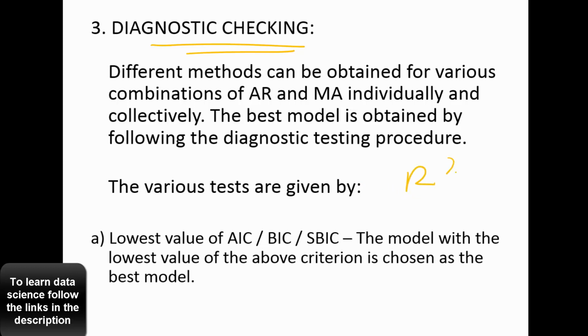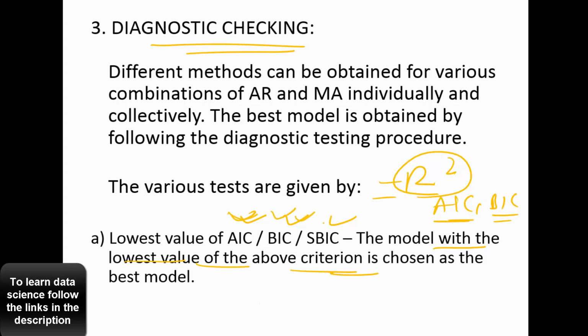Pretty much like you see R square, AIC, BIC in regression, right? You don't have R square here, but you have AIC, BIC, SBIC. So the model with the lowest value of the above criteria is the best model. Many times the software randomly picks a number of models and tells you which model suits your data best based on the AIC or BIC criteria.